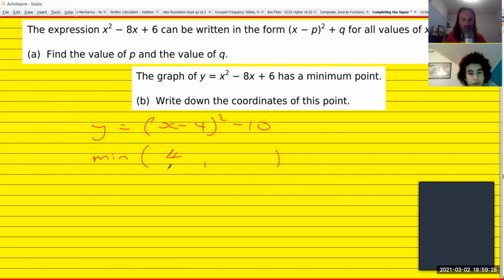So when x is 4, you get your minimum. Yep. And when x is 4, what's y? 4 minus 4 squared minus 10. Oh, minus 10. Yeah. That's it.